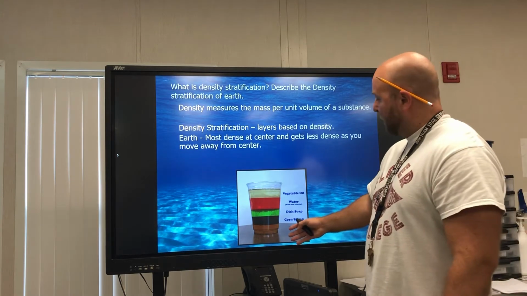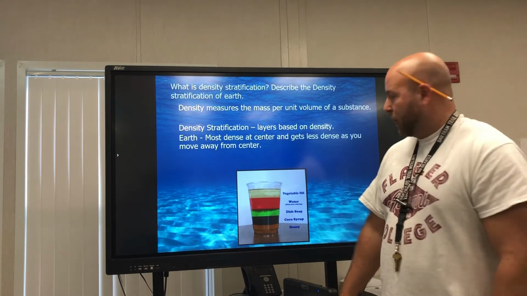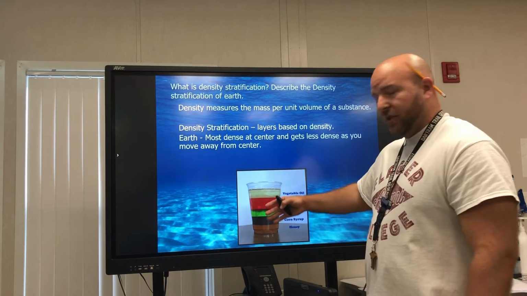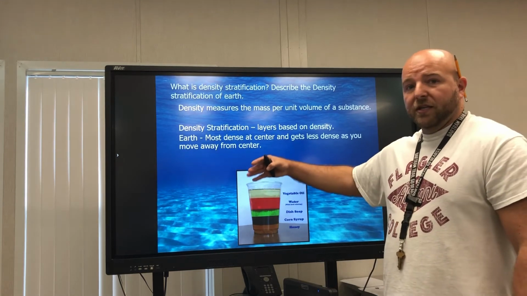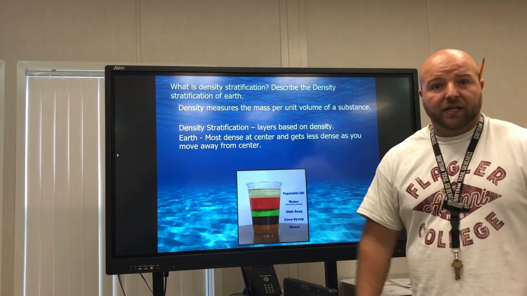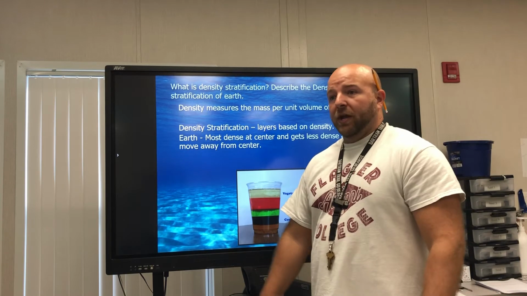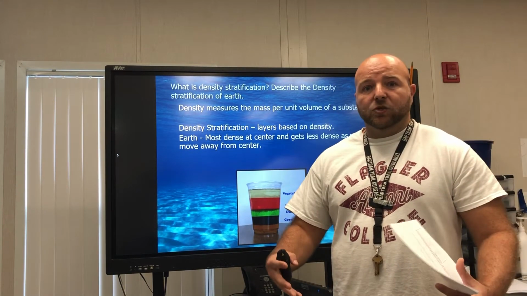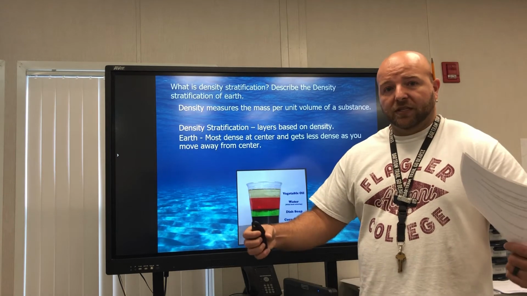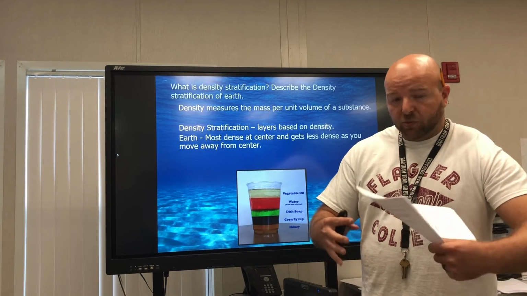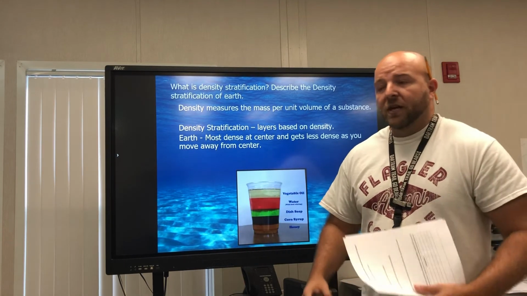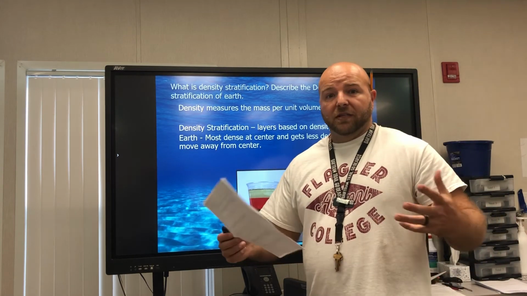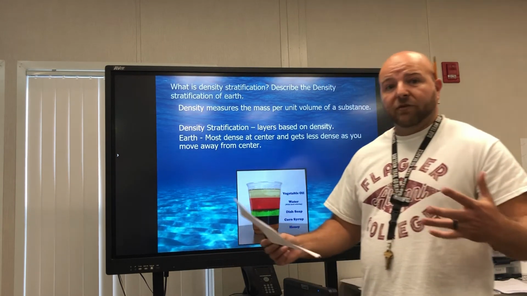The honey is the most dense, and so it will settle at the bottom, and then the corn syrup and the dish soap, etc., they settle based on density. And that's exactly what happened when the early Earth was in a pretty molten, liquidy sort of state. The more dense items went to the center and pushed out the less dense items, and gave the properties of a density stratified Earth.